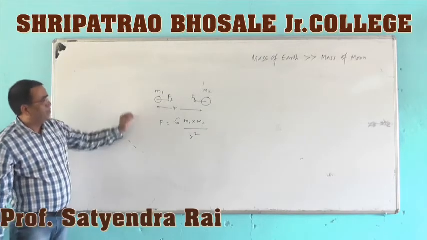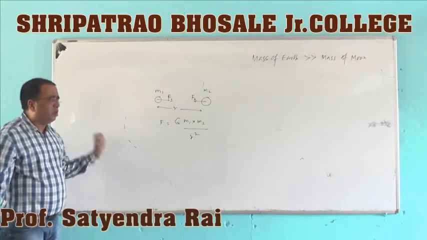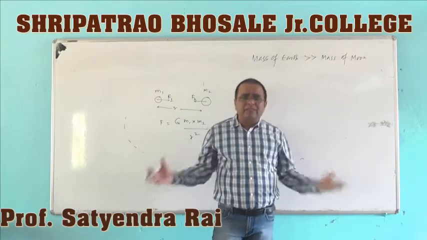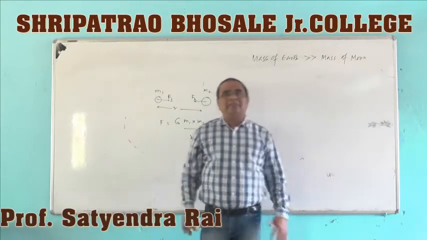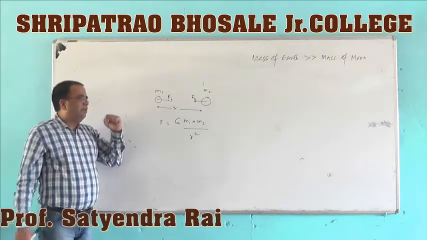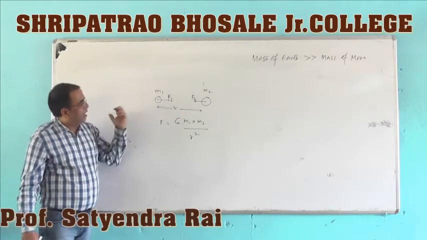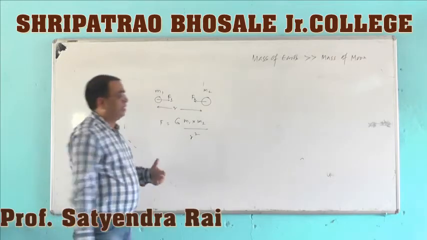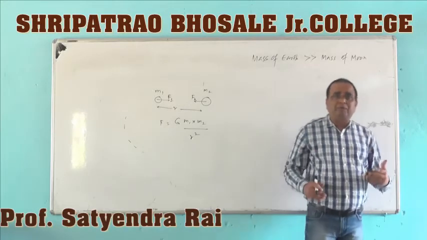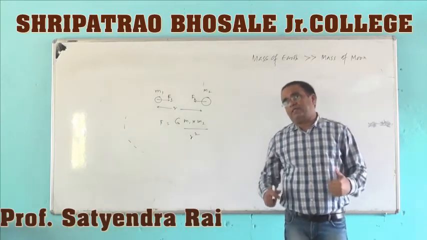Now you see, if the particles are as small and light as electrons or protons, subatomic particles, the law of gravitation still holds good. Second thing, there is a basic difference between gravitational interaction and electrostatic interaction. The interaction between charged particles is called electrostatic interaction.